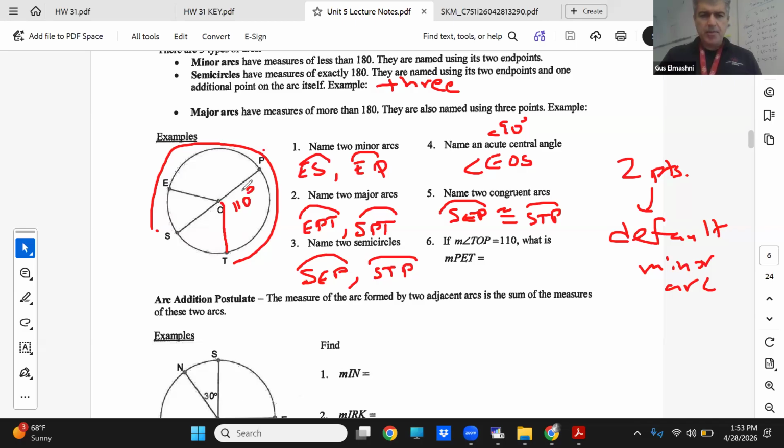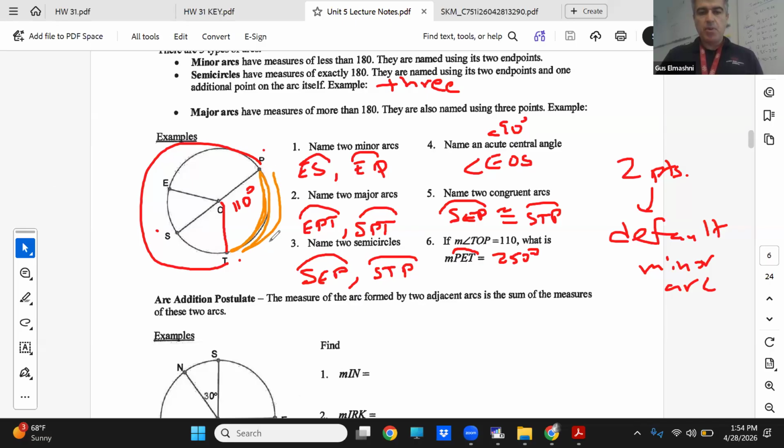Then arc PET. Let's also say an arc. That's confusing. So arc PET. Yeah, do you guys see why that's 250? Because angle TOP intercepts this one, right?